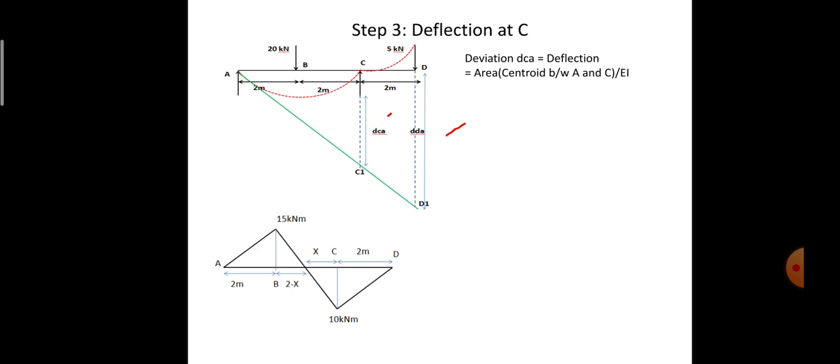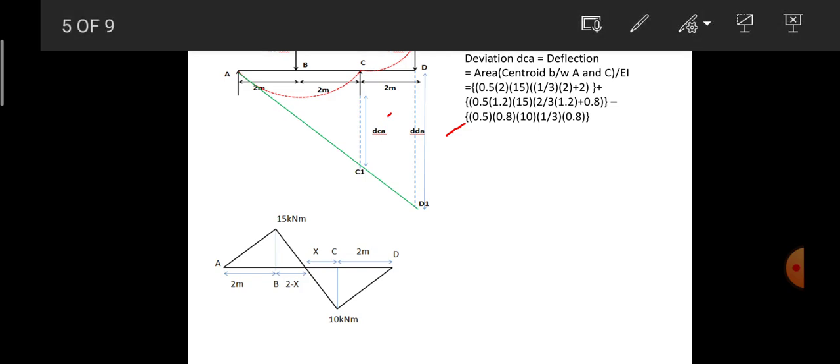Therefore, we have the area multiplied by the centroidal distance between C to A. If I take the reference of the bending moment diagram, we have three triangles between A and C. The first one is the triangle with a 2 meter base, the second one has a base of 2 minus x, and the third one has a base of x distance.